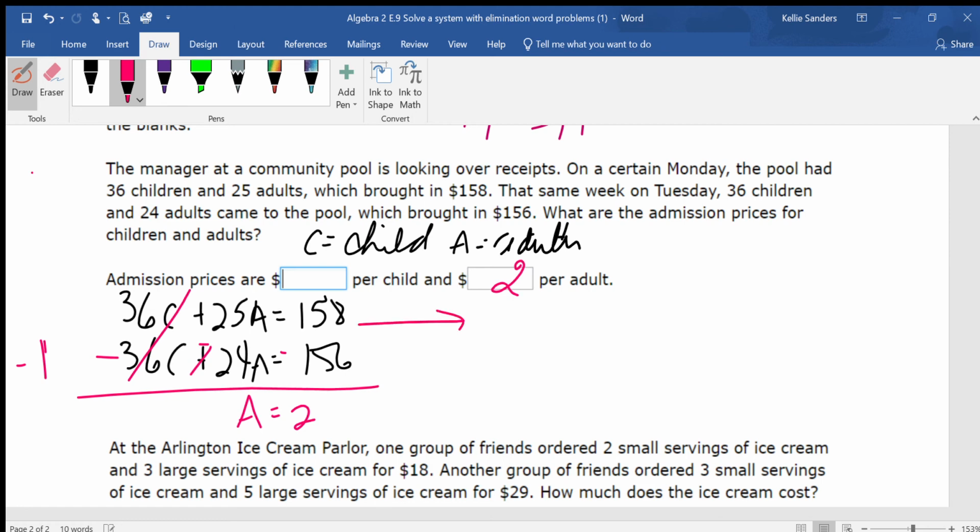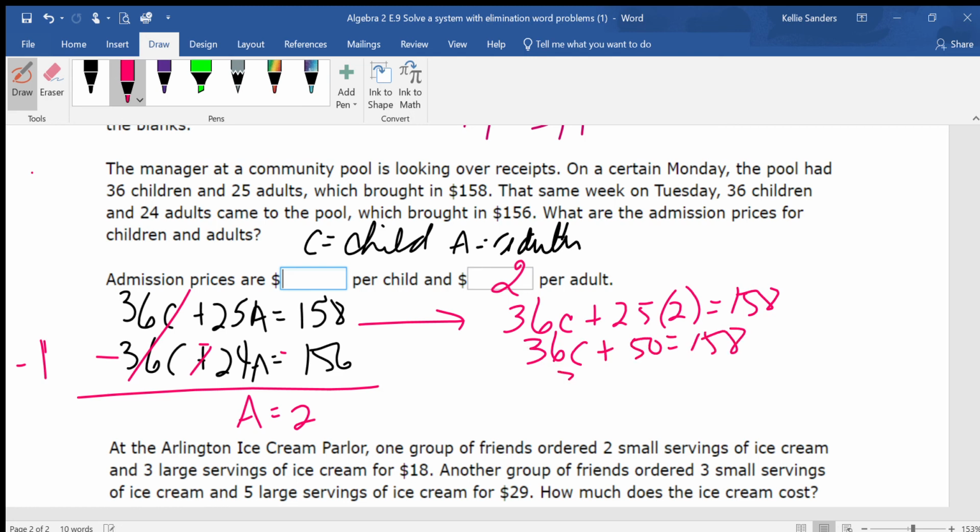Then choose one of these. 36C plus 25 times 2 equals 158. 36C equals 108 because we subtract 50. The child's ticket is $3.